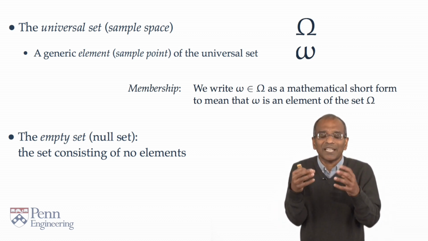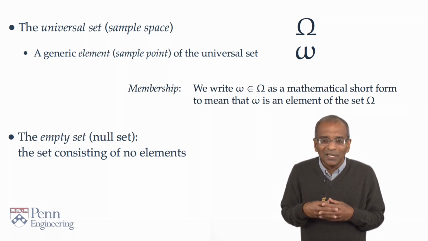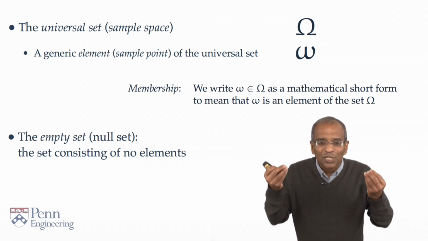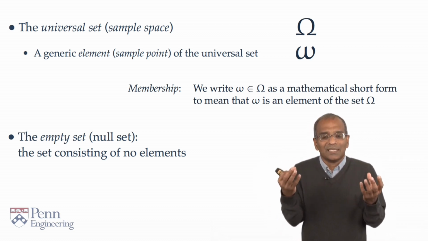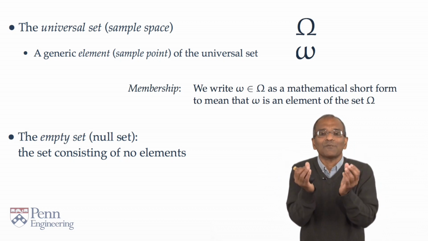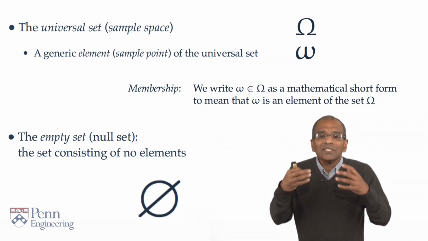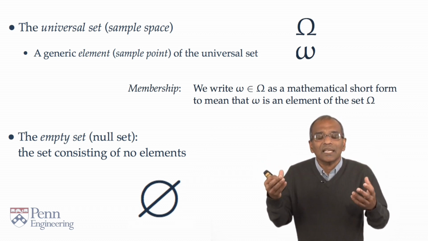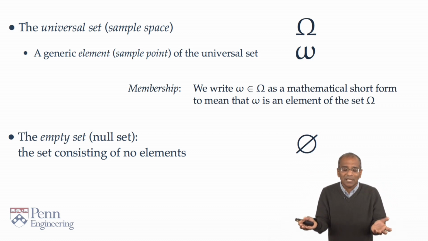The kind of arithmetic and algebra that you're very familiar with from elementary school and middle school. And of course, when you do arithmetic or algebra, we have an idea of a zero. The empty set, and here is a standard notation for it, a circle with a cross line through it. This represents, in a fundamental sense, a zero in the idea of an algebra of sets. For us, the empty set is a set which has no elements in it.